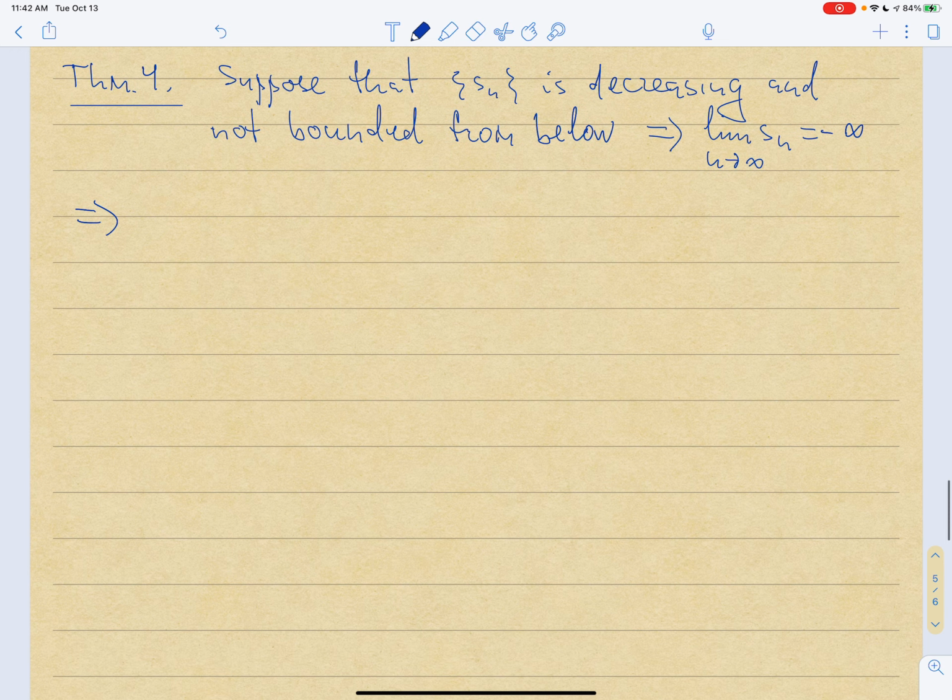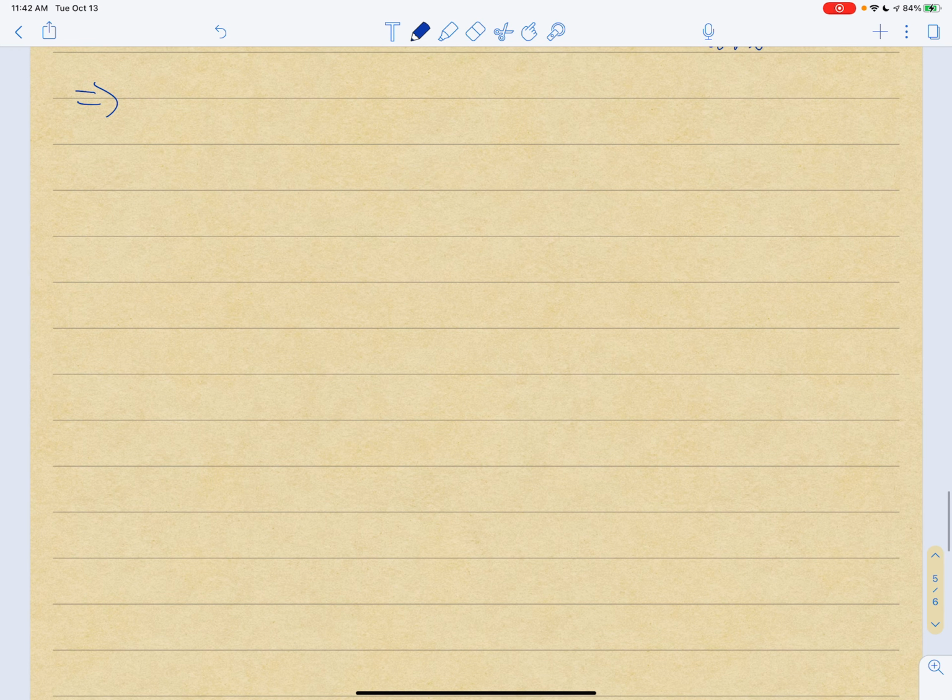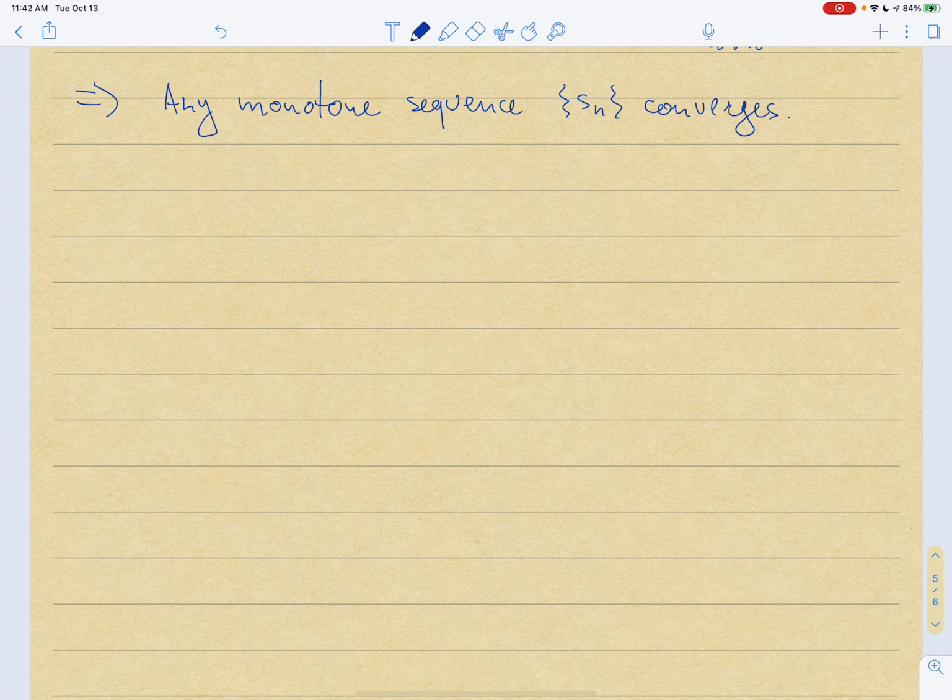So we can combine all these theorems into just one statement, and that is that any monotone sequence Sn converges. And when I say converges, I can imply either that it converges to a finite number or it converges to infinity.